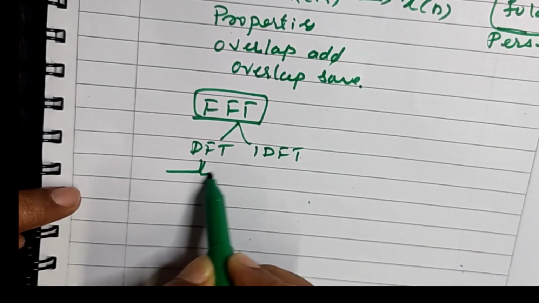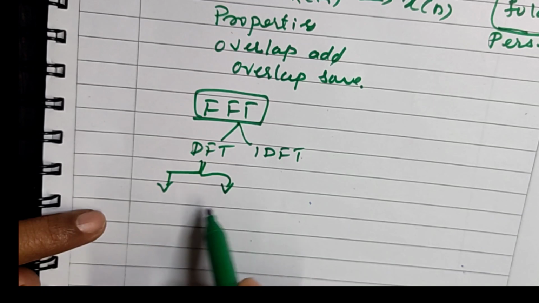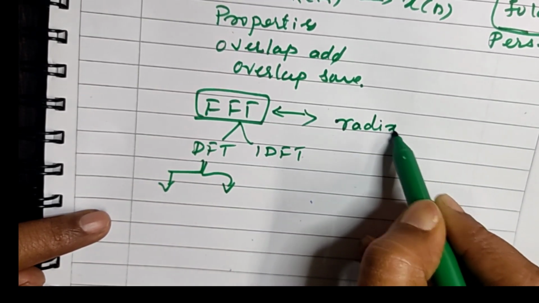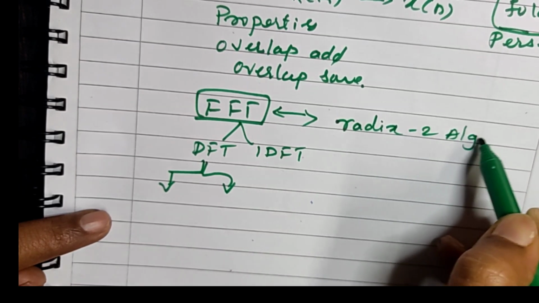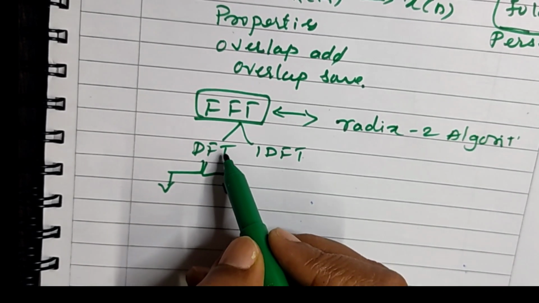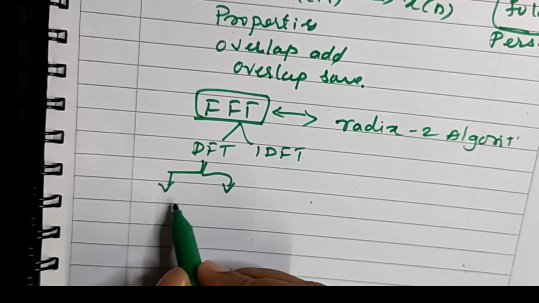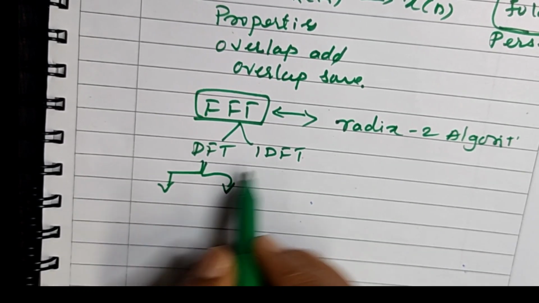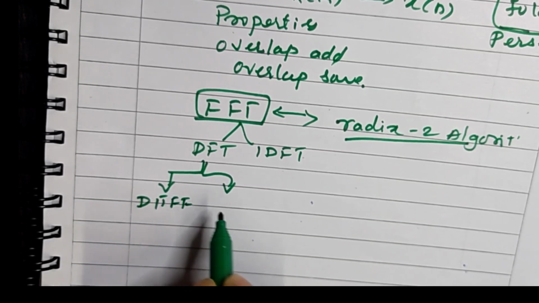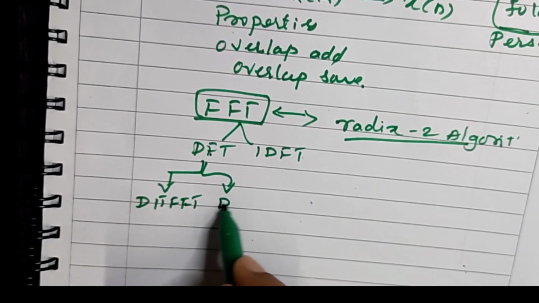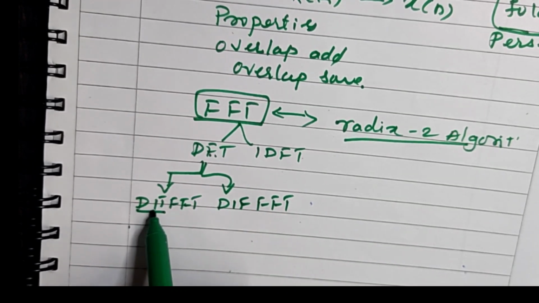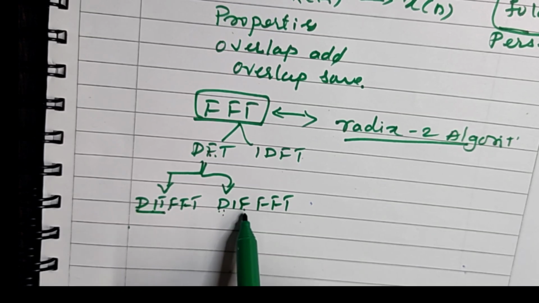Okay, so DFT we are going to find by two methods, using the radix 2 algorithm. One is DIT FFT to find the DFT, and another one is DIF FFT to find the DFT. DIT is decimation in time, whereas DIF is decimation in frequency.